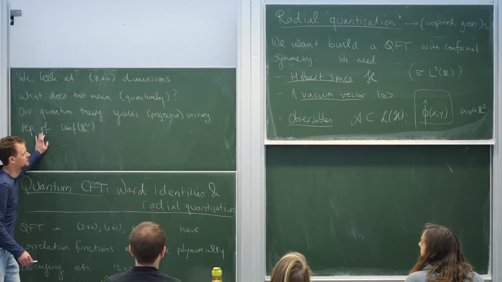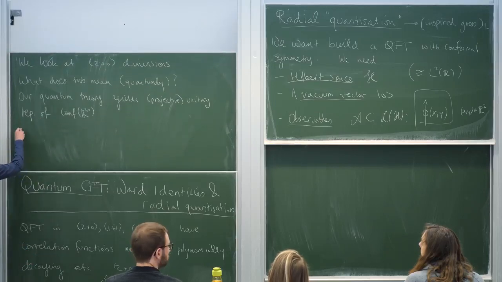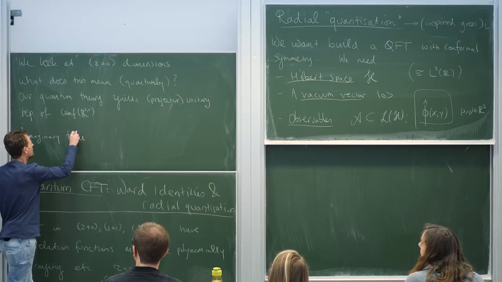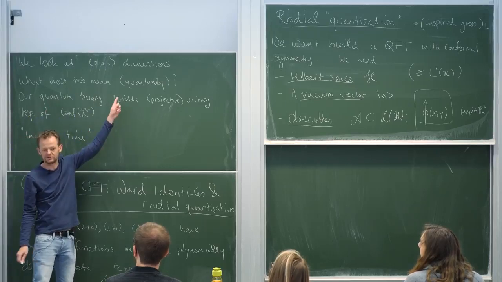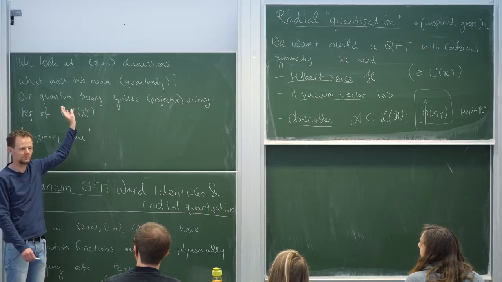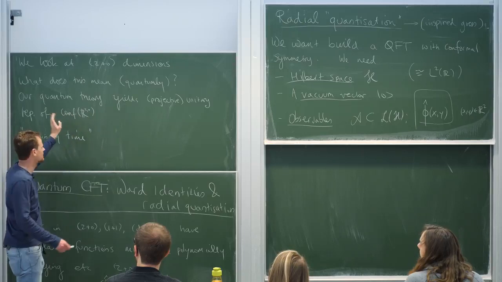We will actually have to exploit this construction. It's not uncommon to hear people speak of a quantum field theory in 2 plus 0 dimensions as the imaginary time version of a quantum field theory in 1 plus 1 dimensions. You've probably seen that.